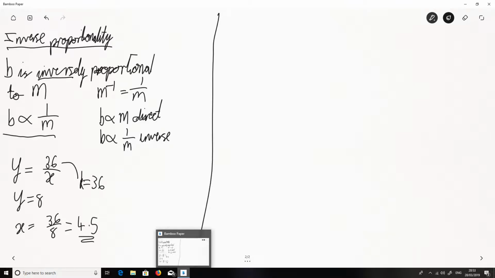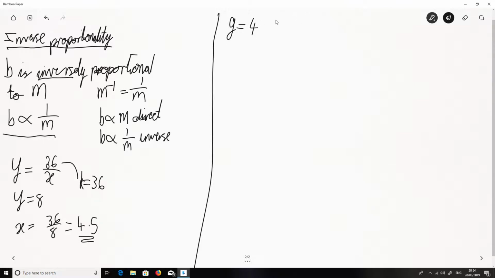So we're now going to use this to form an equation from an inverse proportional relationship. So we're told that G is equal to 4 and W is equal to 9.